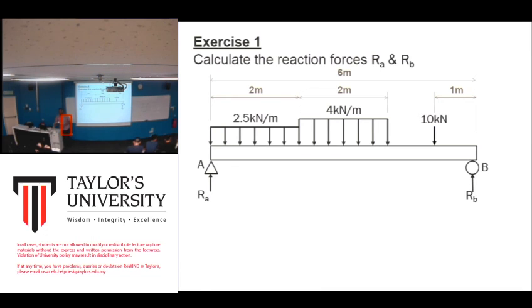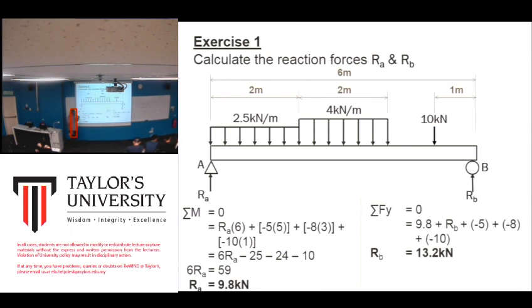Okay, this is the result. RA is 9.8, RB is 13.2. Did you get it correctly? Got it correct. Good. How about you? Okay.